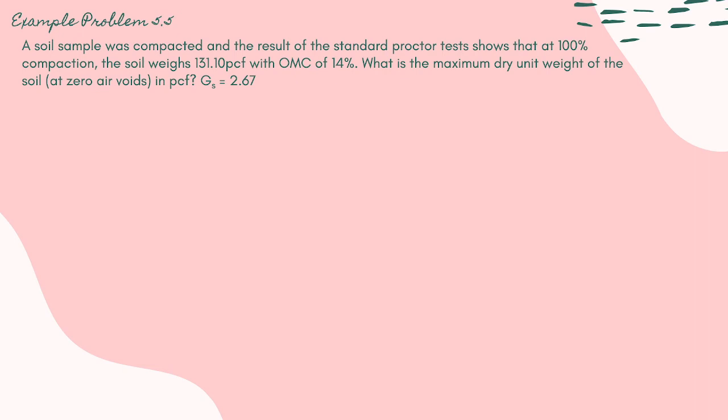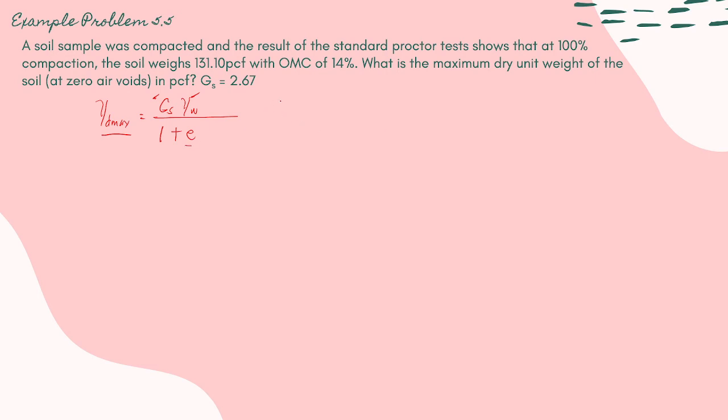To determine the maximum dry unit weight, gamma d max is equal to Gs times the unit weight of water all over 1 plus e. This is known, and we know the value of this one, but we do not know the value of the void ratio e.